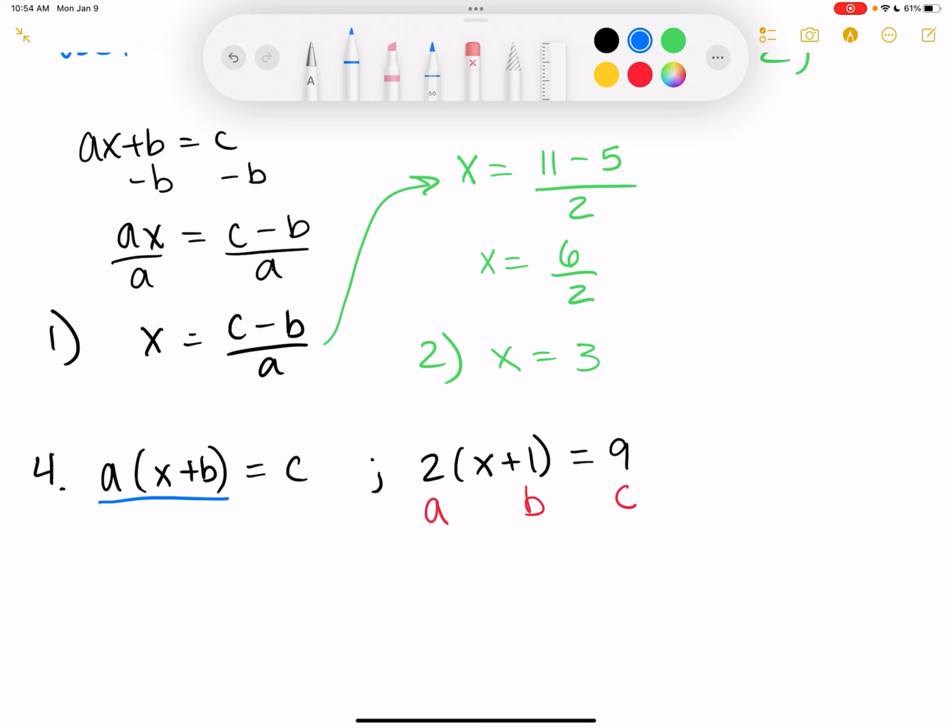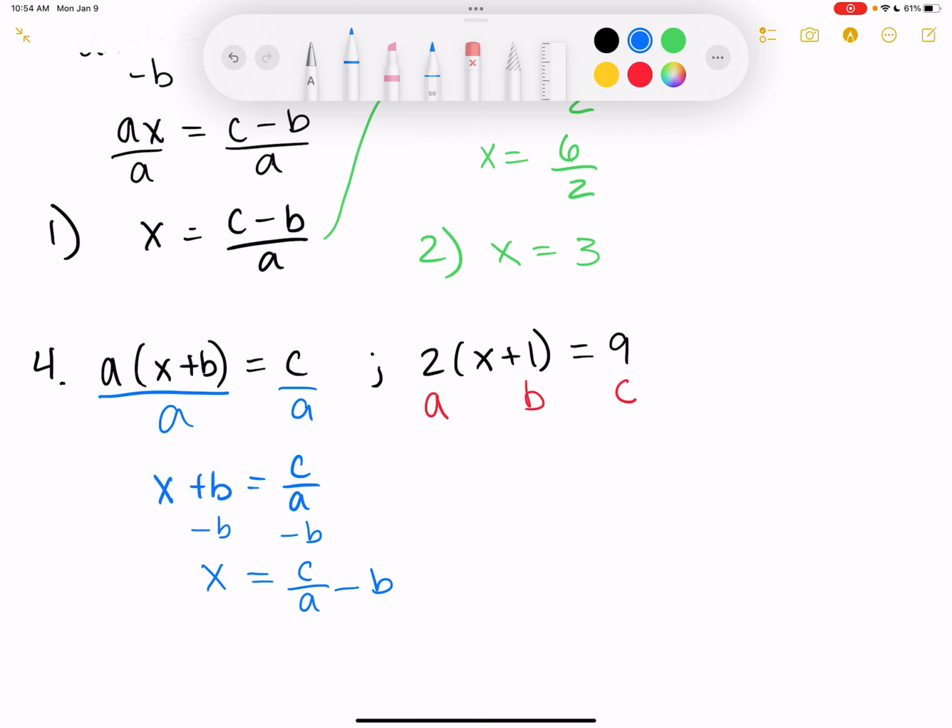Divide both sides by A. So we have x plus B is equal to C divided by A. And then we subtract B, so x, minus B. So x is equal to C over A minus B. So doing it in that order just makes it easier. We don't need to distribute first because then that's going to end up making us divide by stuff and whatever that we just don't need to do.